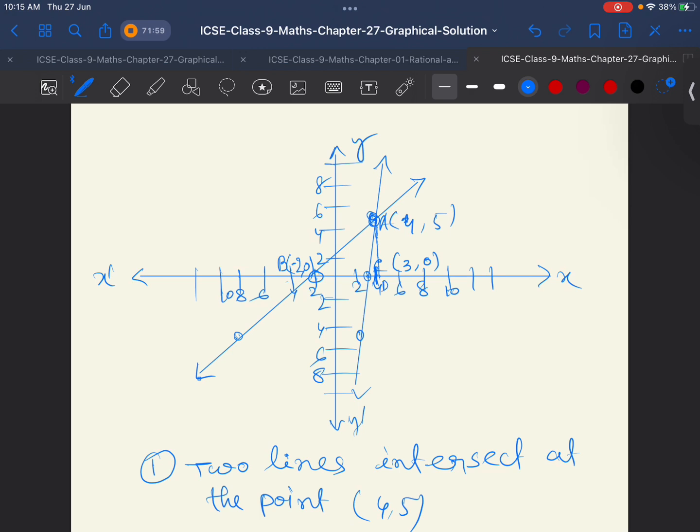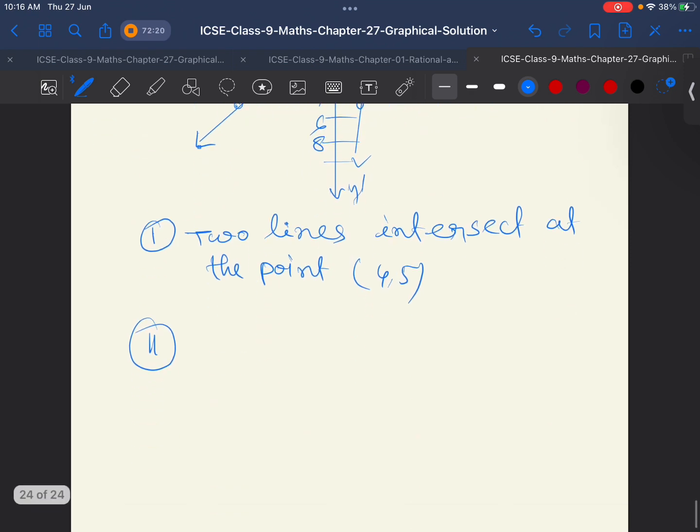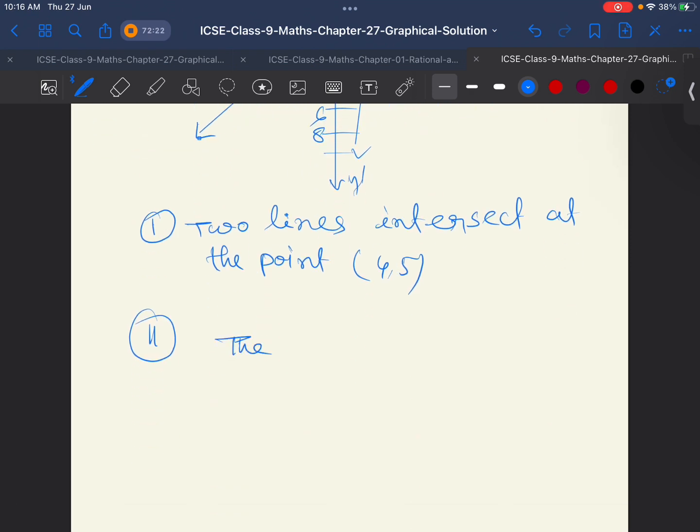Here, the foot of the height is D. So the length of BC is: from the origin to -2 is 2, and to here is 3. So the length of BC is 5.